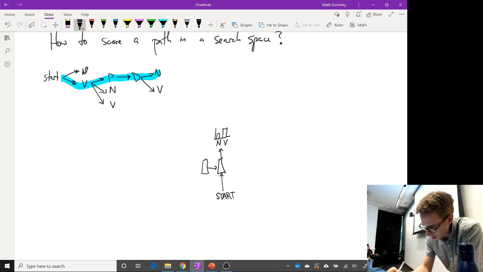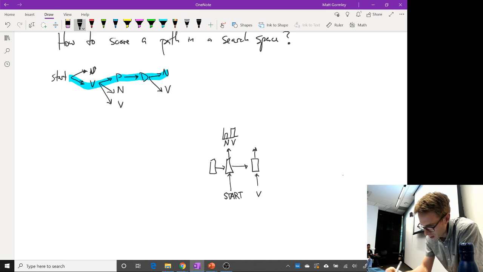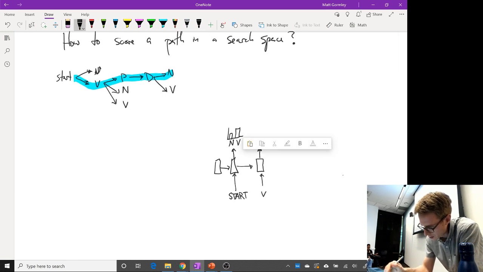So there's some probability of noun and some probability of verb. Okay? And at this point, we can proceed along where we're going to feed in verb. And we'll get another probability distribution, this time over 3 options, preposition, noun, and verb. And so each of those have some probability.